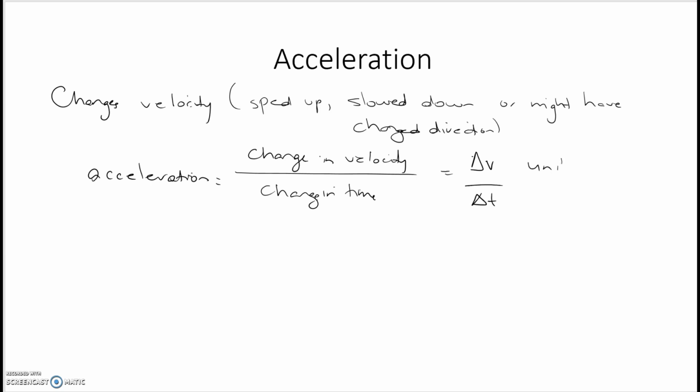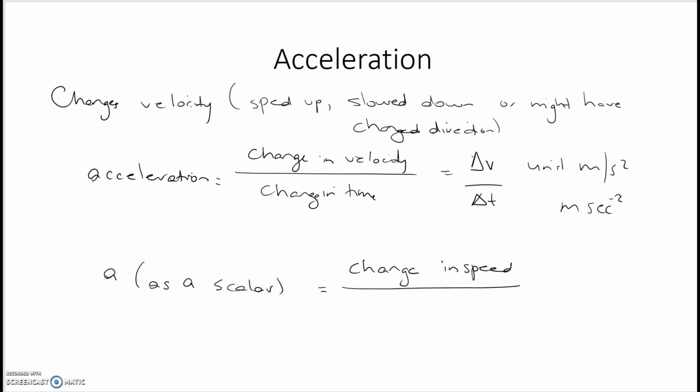And the unit would be, say, meters per second squared, or meters per second to the -2, like that. If we're using acceleration as a scalar, then we're not looking at the direction, then we'd say it was a change in speed divided by a change in time.